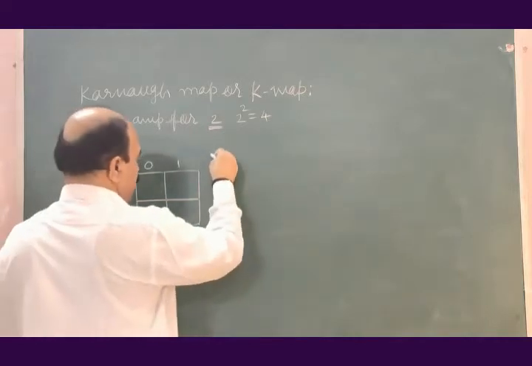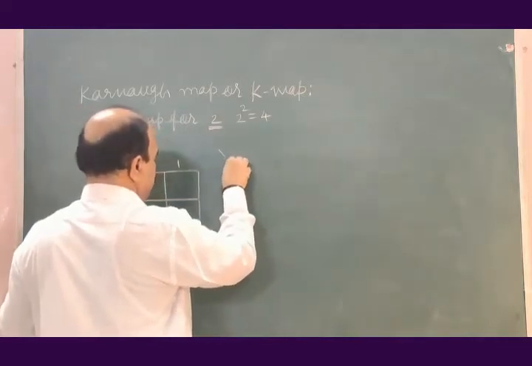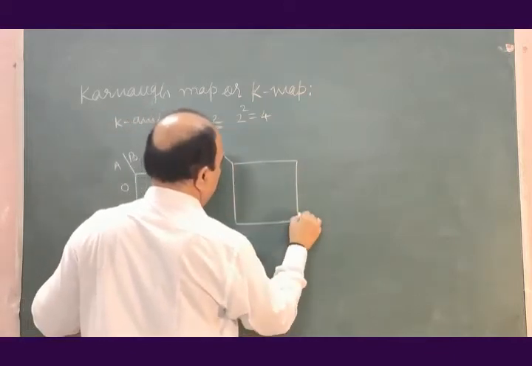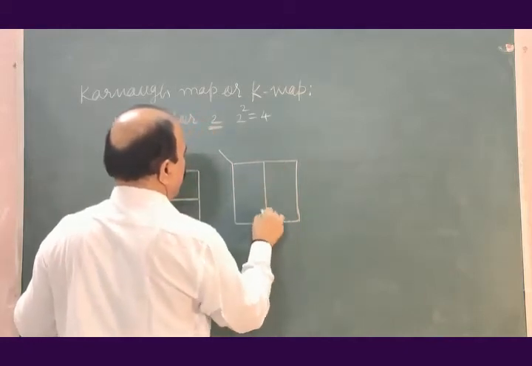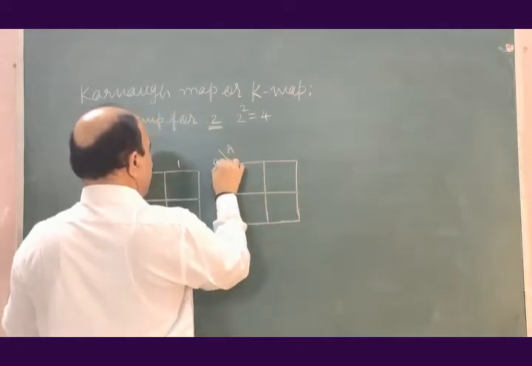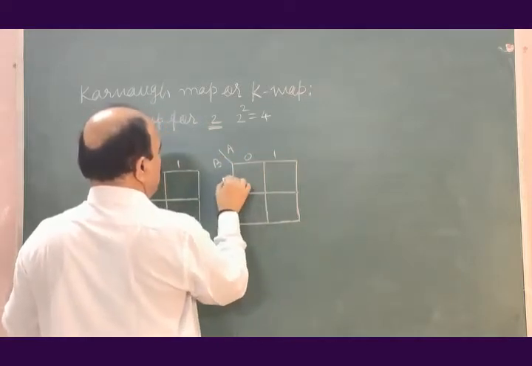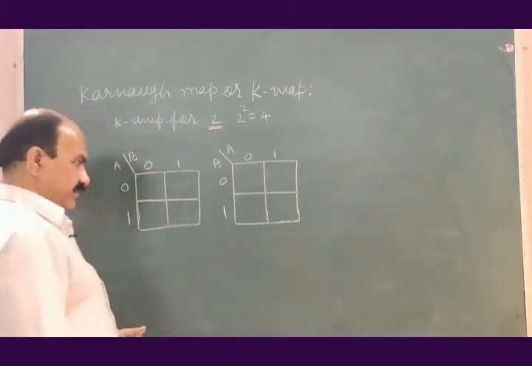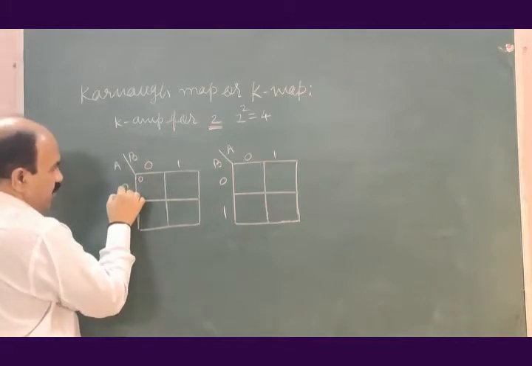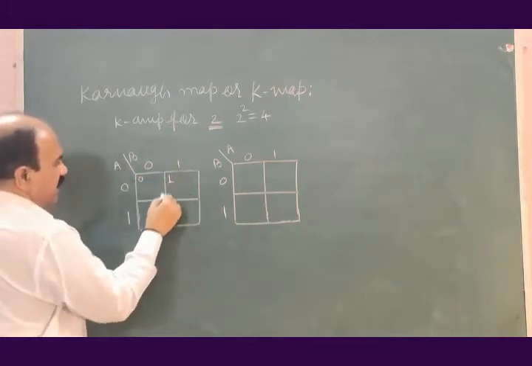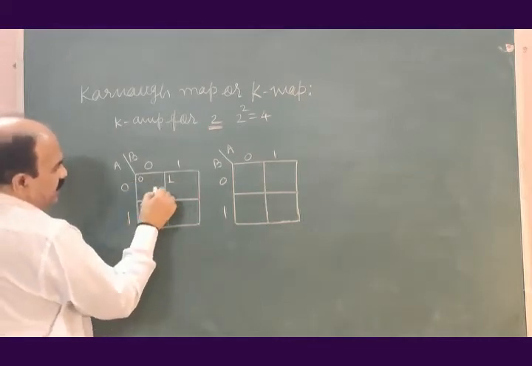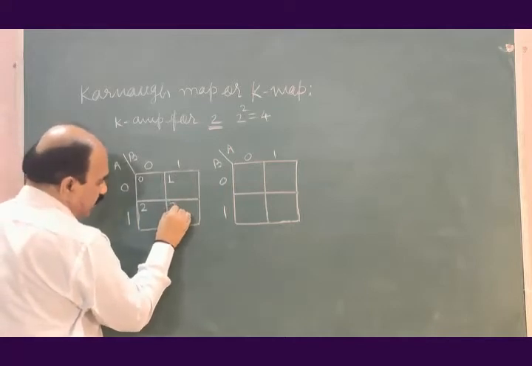Or you can also draw it this way. A, B, 0, 1, 0, 1. A, B, 0, 0, its value is 0; 0, 1, its value is 1; 1, 0, its value is 2; 1, 1, its value is 3.